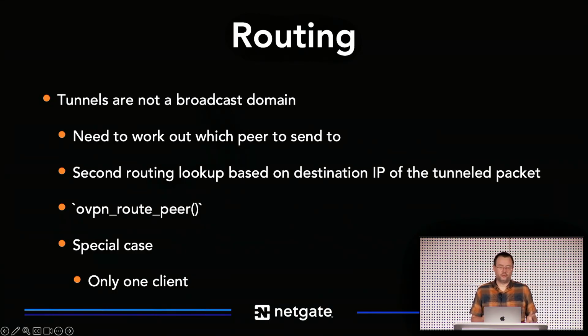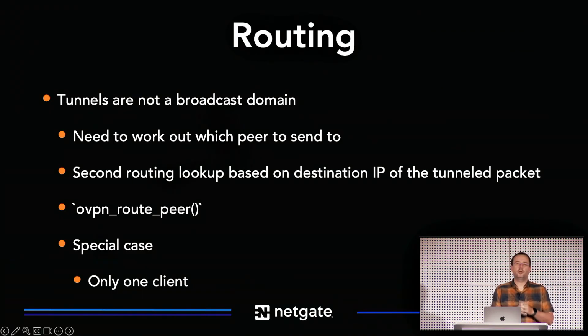This is not how tunnels work. We need to transmit the encapsulated packet with a destination IP address that corresponds to the correct peer. So we need to do an additional routing lookup. The packet comes in, we look at the destination IP address. Is this the IP address of one of our peers? Yes, okay, fantastic. Then we know what peer to send it to.